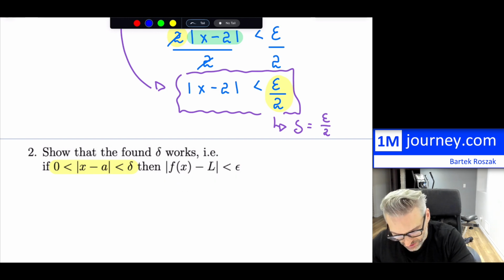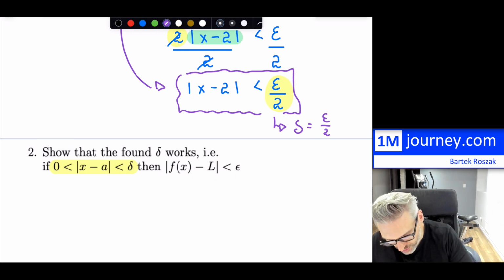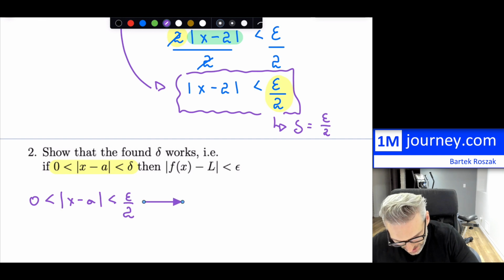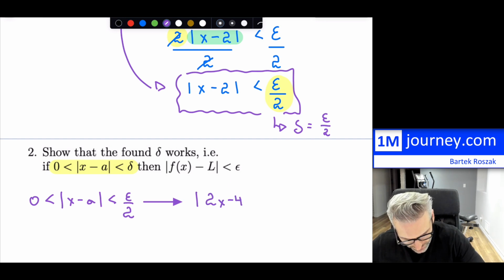So let's give it a shot. We're going to assume that we have our x minus a less than epsilon over 2. Then what we want to be able to see is our f of x, which was 2x minus 4.